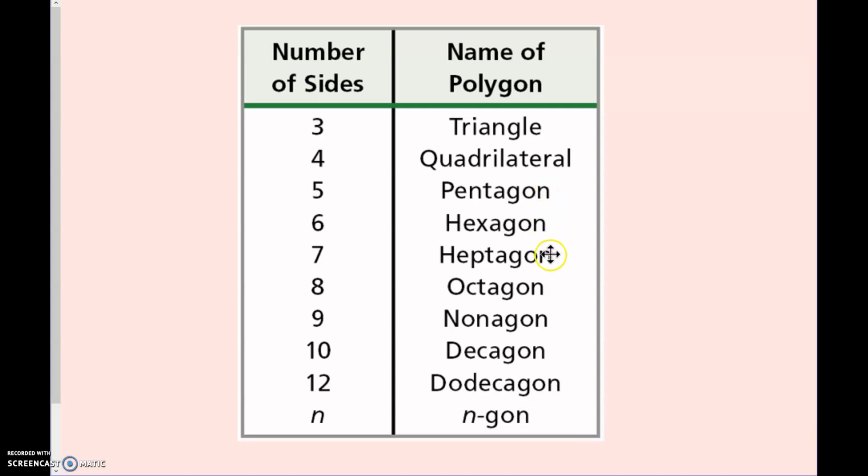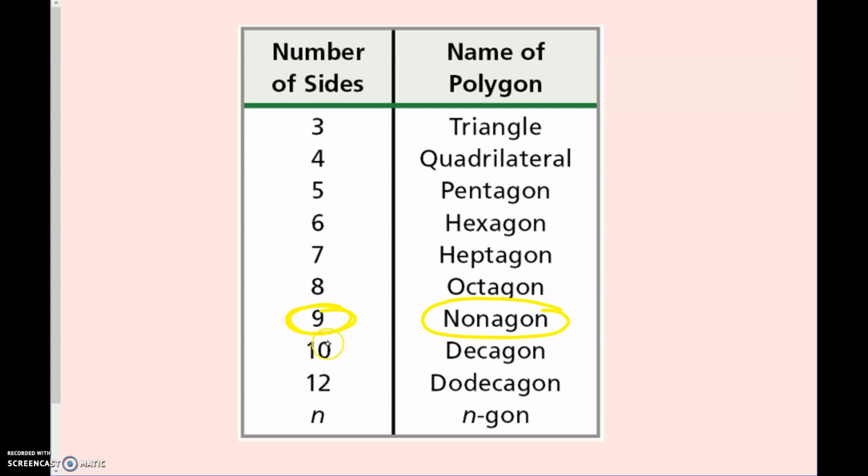So if I say, what are the interior measures of a hexagon, you need to know that the hexagon is going to have 6 sides. Or when I say a nonagon, and I would like to know the sum of the interior angles, you need to know that a nonagon has 9 sides.